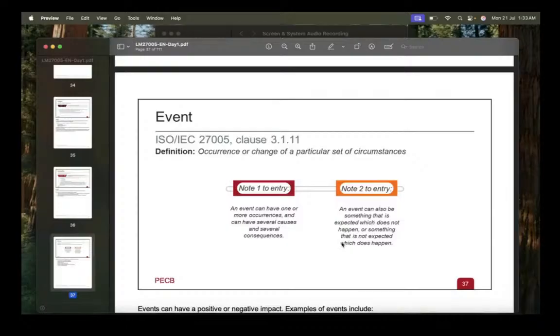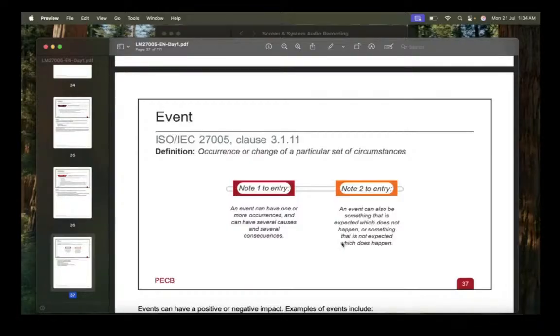And note 2 says that an event can also be something that is expected, which does not happen, or something that is not expected. I'm sure you know so many examples of events which are not expected and happen suddenly. That is also a type of event, which comes under note 2 to entry.